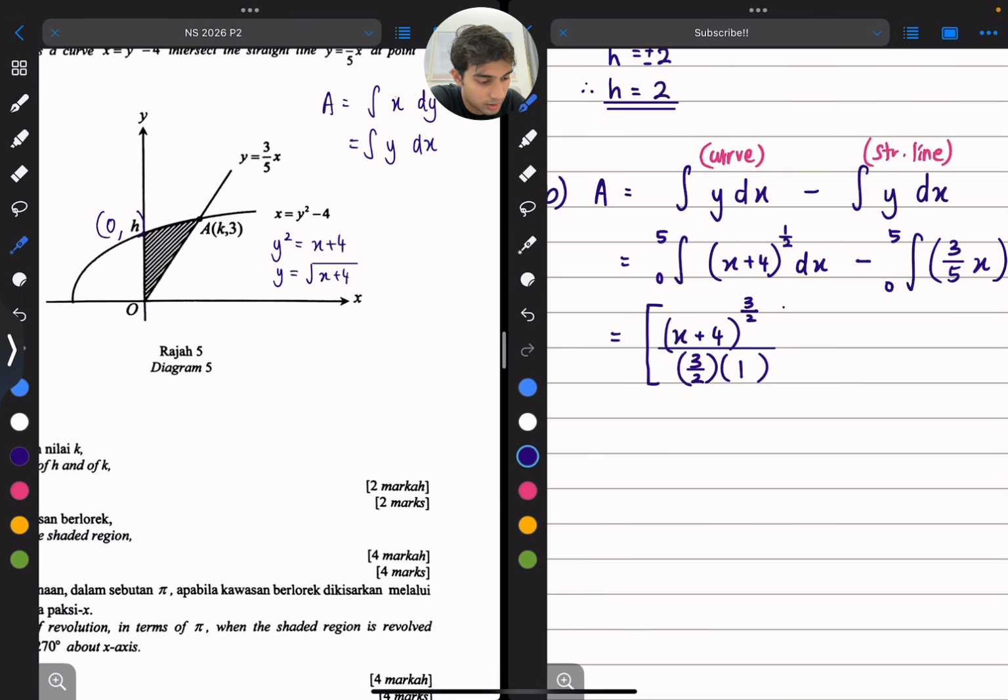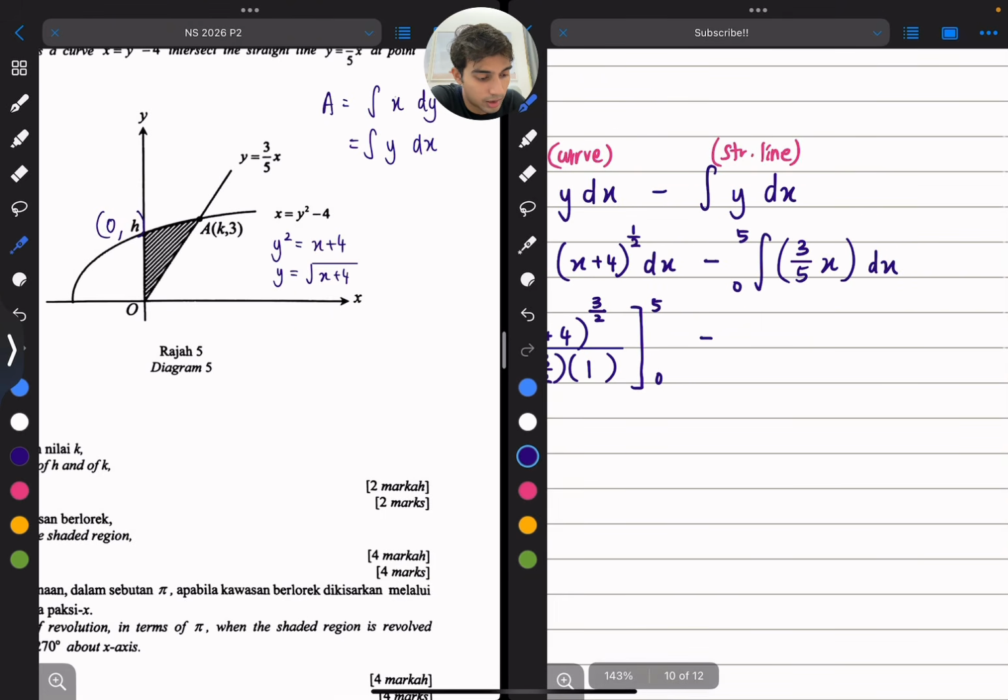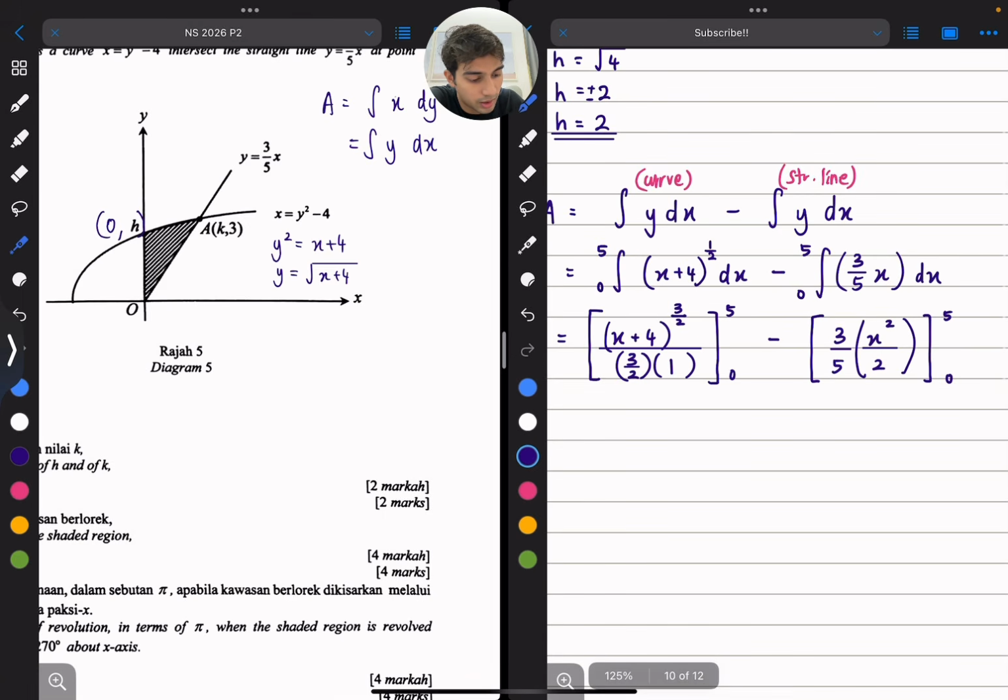Done. Limits 5, 0. And then on this side, when you integrate this, the 3 over 5, nothing happens to it. For x power you add 1, then divide by the power. Limits 5, 0. Now we substitute.